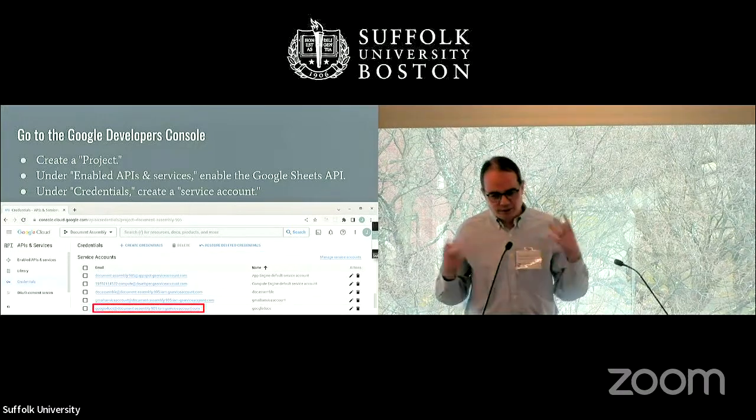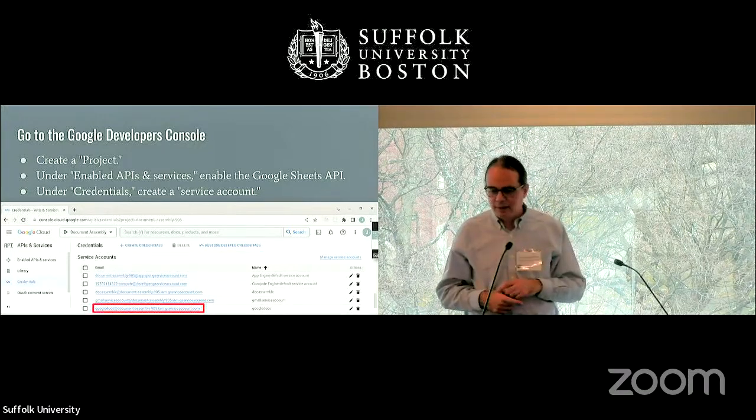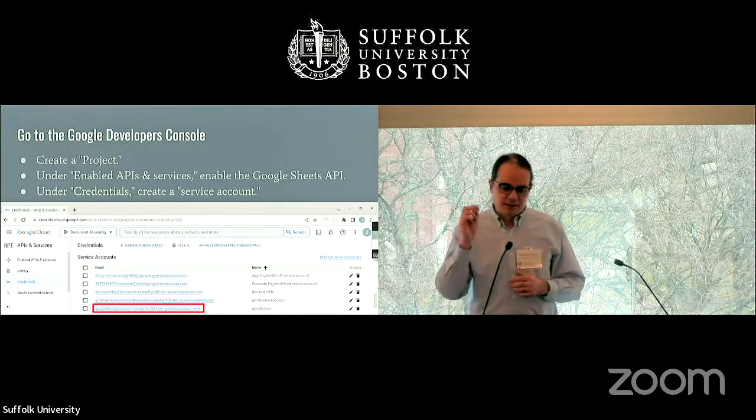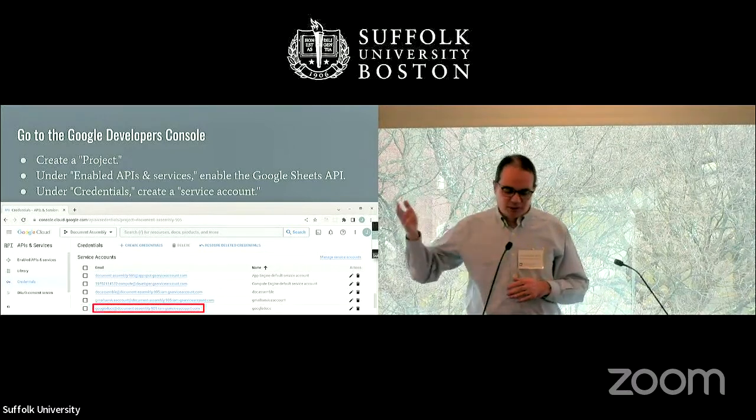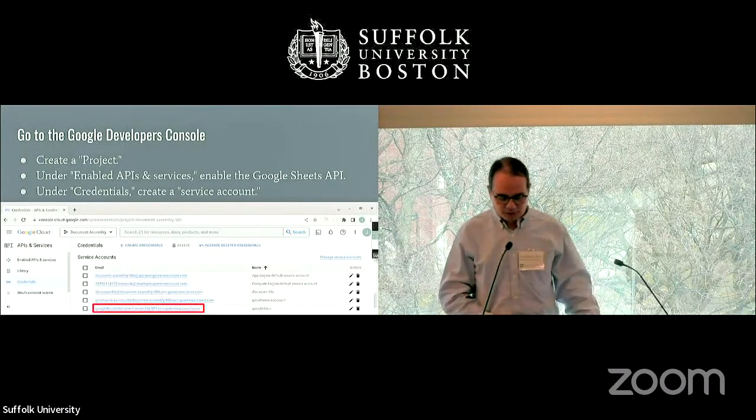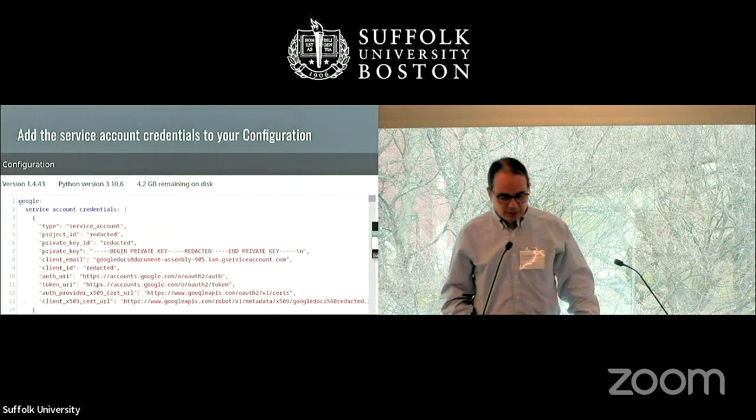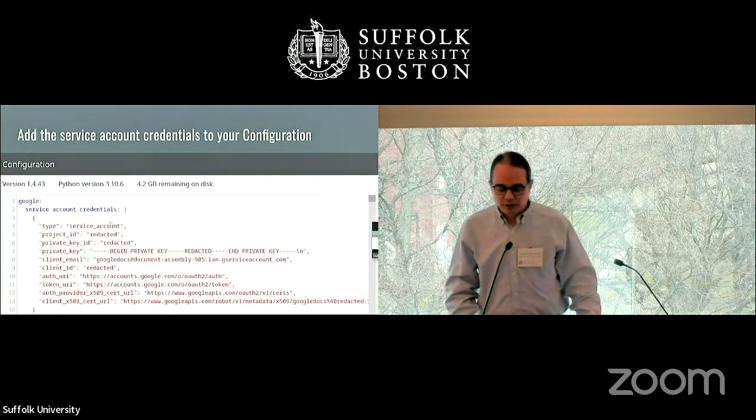Then under credentials, you create this thing called a service account, which is really helpful because the other way to authenticate involves directing the user to log in and going back, and it's really complicated. But service accounts are really nice and simple. They will generate this email address that represents the Google account, and it'll give you credentials when you create a service account.